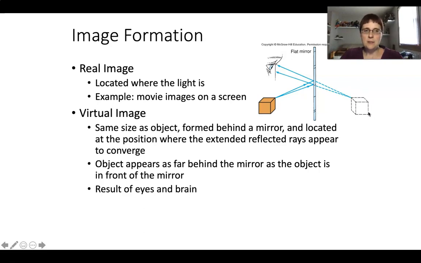We know that it's not behind the mirror, but that's why it appears to be behind the mirror, because our eyes and our brain are not interpreting it as bouncing, but extending that light backwards, because that's the way light should travel. Light should travel in a straight line.